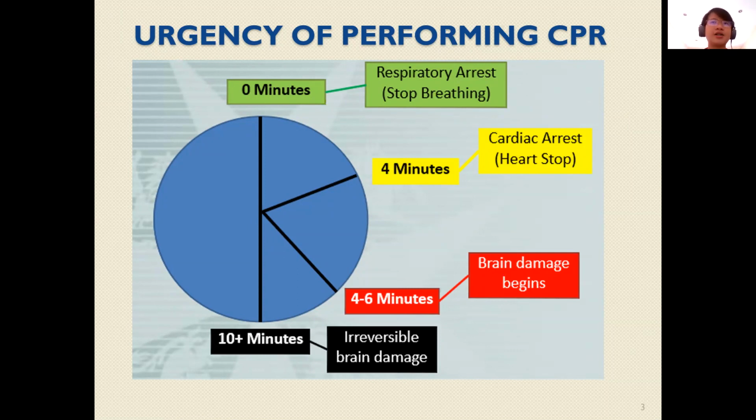So in cardiac arrest, the heart stops beating. That's at the 4th minute. From the 4th to 6th minute after that, the brain cells begin to die. And at the 10th minute, there will be irreversible brain damage. So 10 plus minutes will be irreversible brain damage. If the casualty or your patient somehow comes back to consciousness, they might suffer from long-term brain damage effects. So it's very important to start CPR as soon as possible.